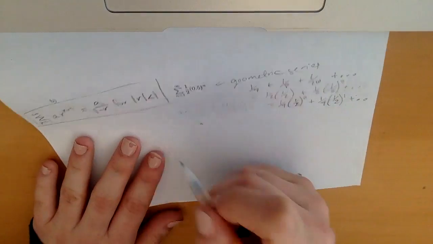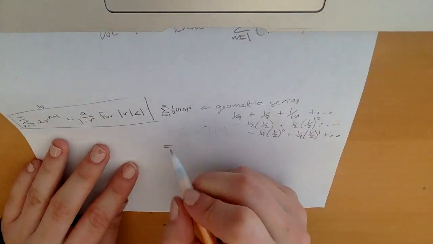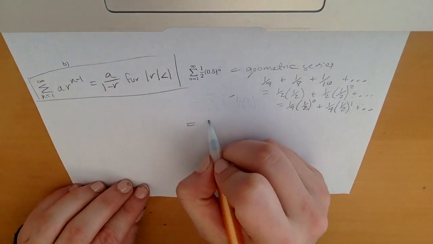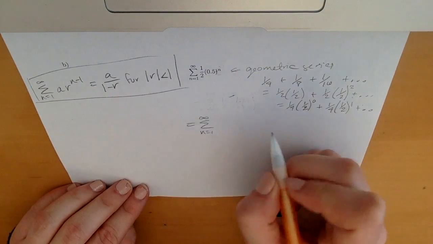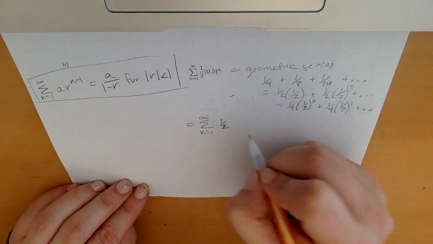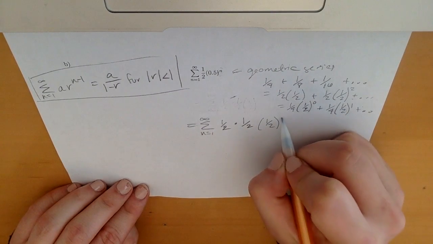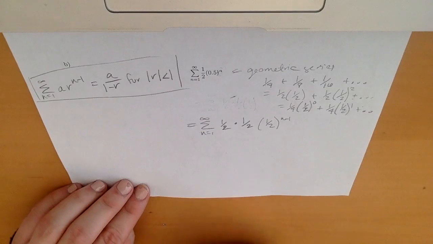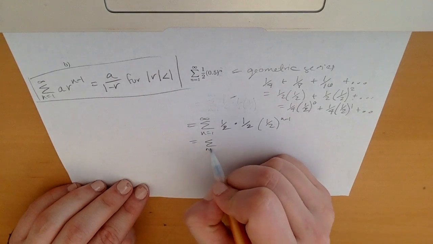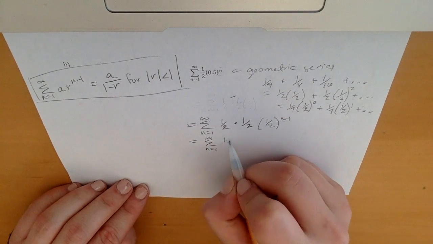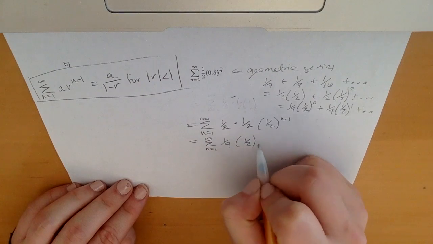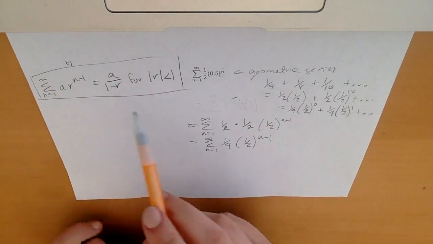So I'm rewriting this as the summation from n equals 1 to infinity of 1/2, and then from each term I'm factoring out one of those halves, and then I'm left with (1/2) to the n minus 1. Okay, so now I've got the summation as n goes from 1 to infinity of 1/4 times (1/2) to the n minus 1. And now I can apply my formula.